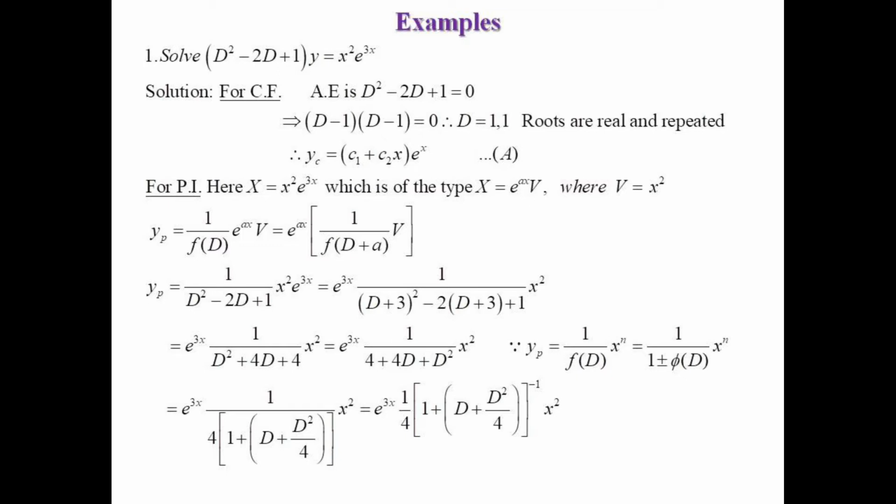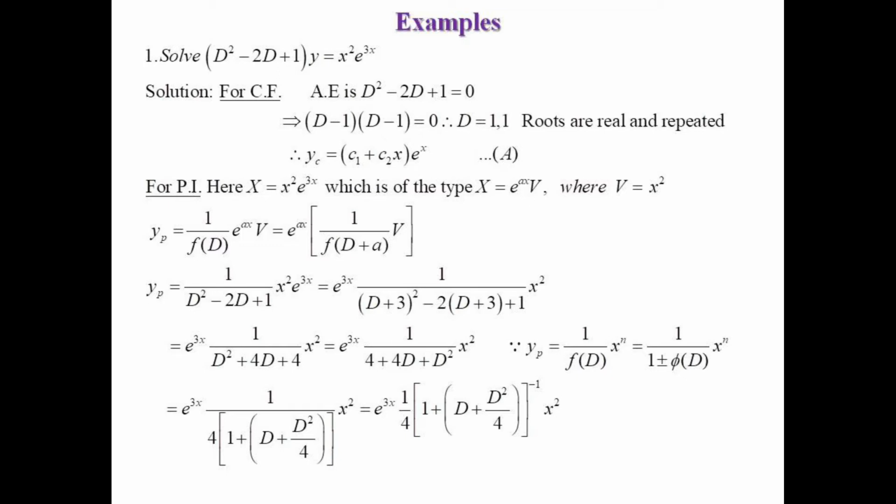According to the method for finding the particular integral, the formula is 1/f(D) e^(ax) v = e^(ax) [1/f(D+a) v]. That means replace D by D + a and keep the term e^(ax) outside the bracket. If we apply this formula, the particular integral is 1/f(D), which is D^2 - 2D + 1, into e^(ax) v, which is x^2 e^(3x).